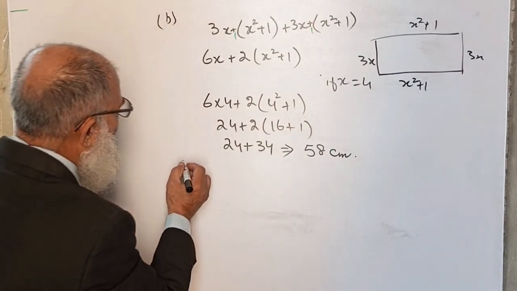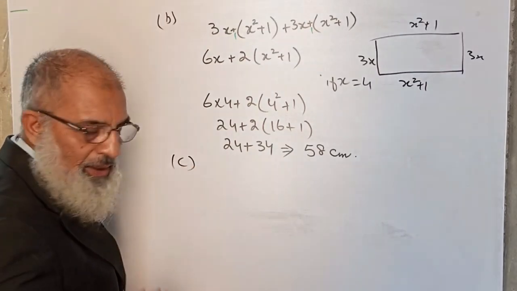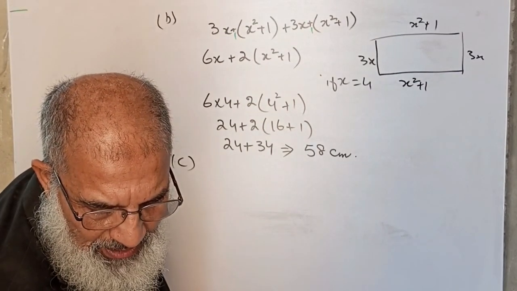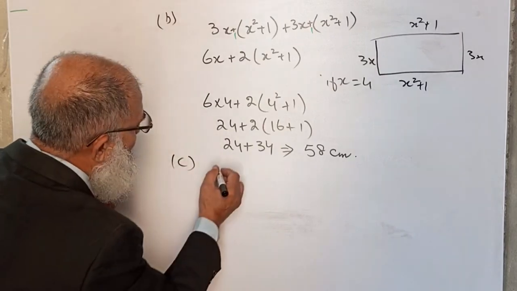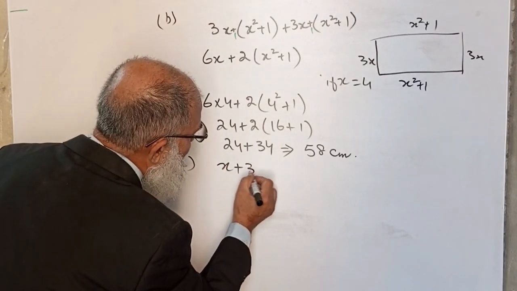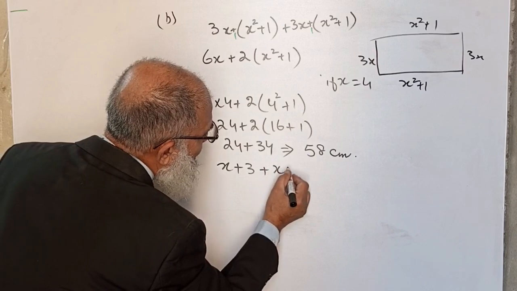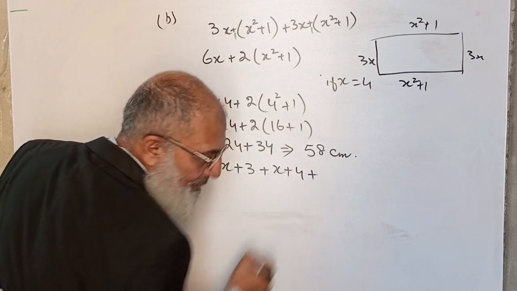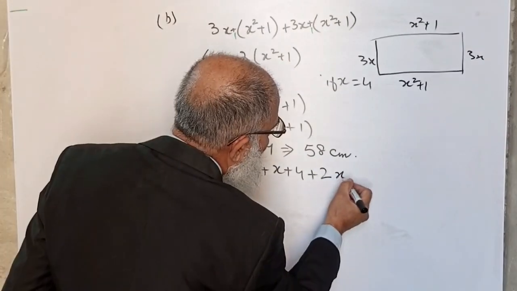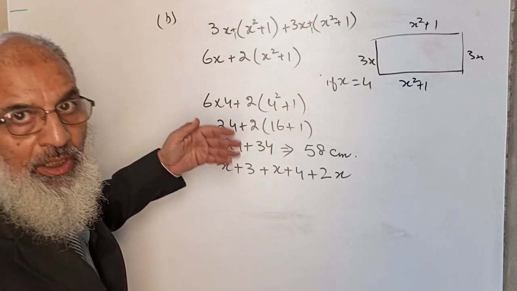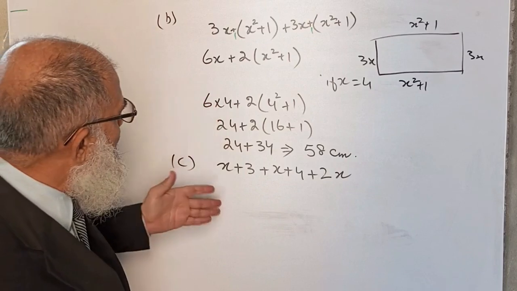Now there is an example also. See the example, x plus 3 plus x plus 4 plus 2x. Now we have to do all the operations for this as well.